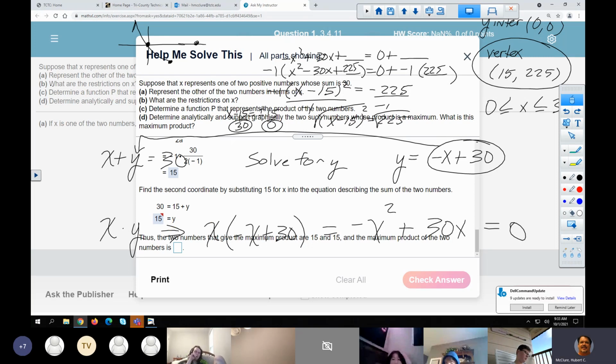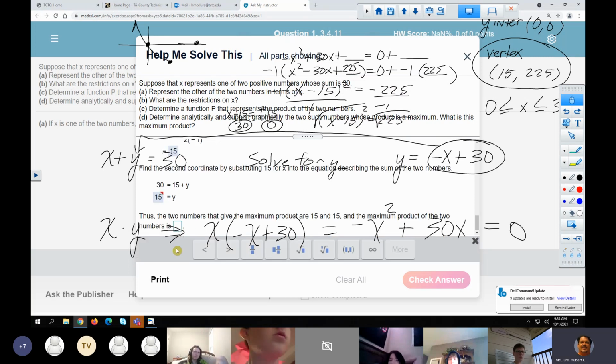The vertex should be 15. No. That's not right. That's not right. That should be 225.